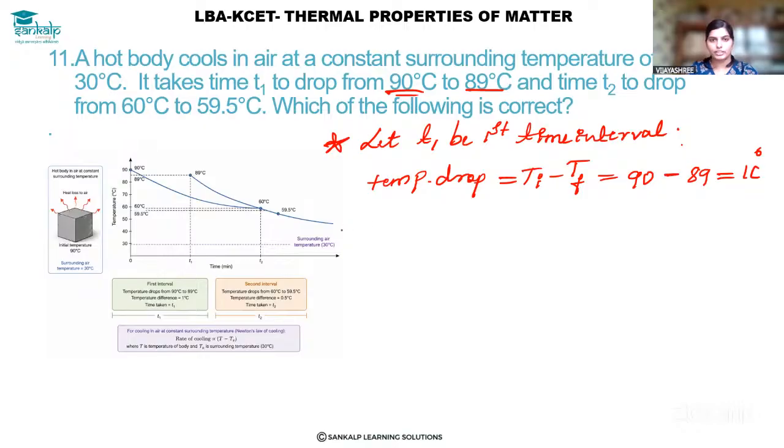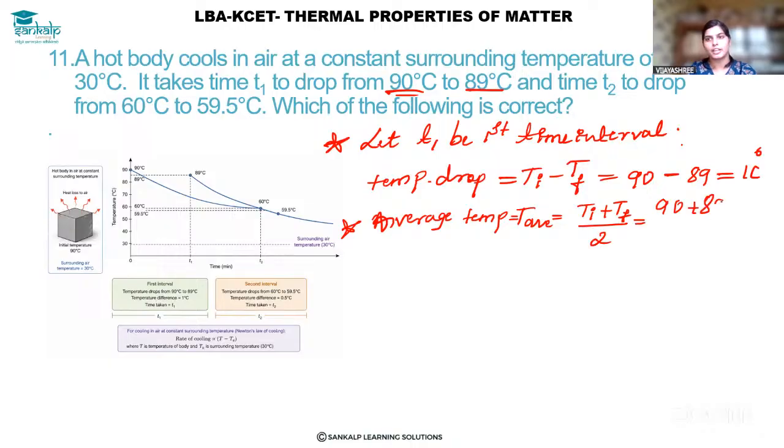Now what is the average temperature? T average is equal to Ti plus Tf divided by 2, which is equal to 90 plus 89 divided by 2, which is equal to 89.5 degrees Celsius, right?